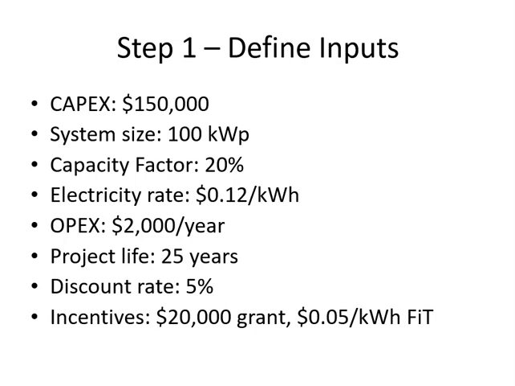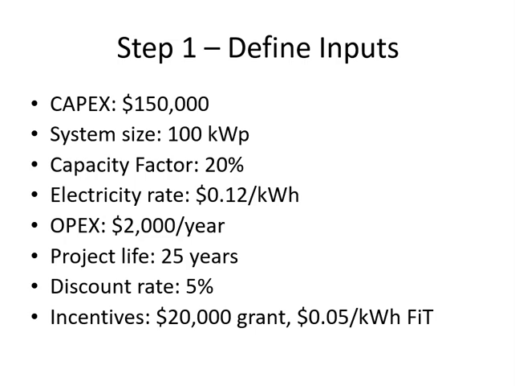To start building a PV ROI model, we first define our inputs. We need to have these inputs clearly defined and as accurate as we can. We will have the capex of $150,000, which is the capital cost, or upfront cost.